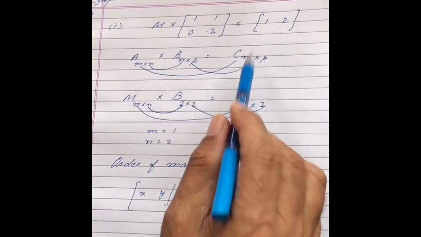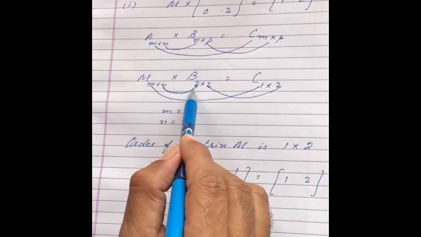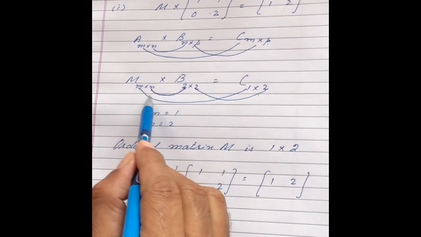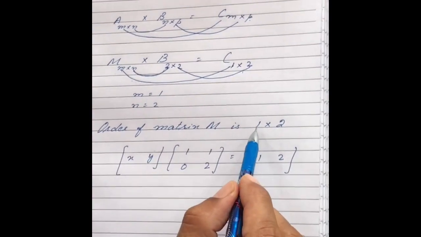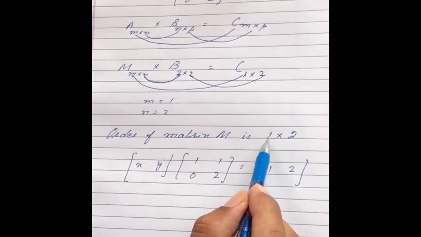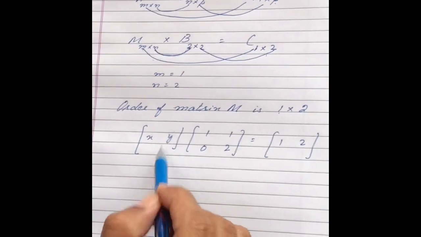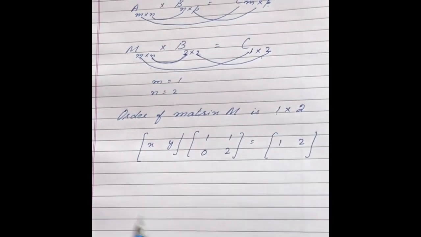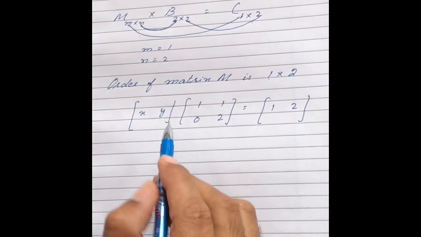Then the C matrix has 1 row, 2 columns. So n is equal to 2, m is equal to 1. So M will have 1 row, 2 columns. So I take x and y as they show 1 row and 2 columns.